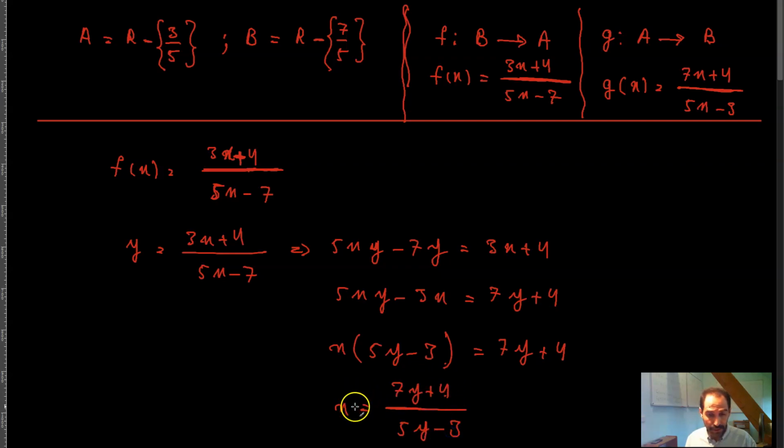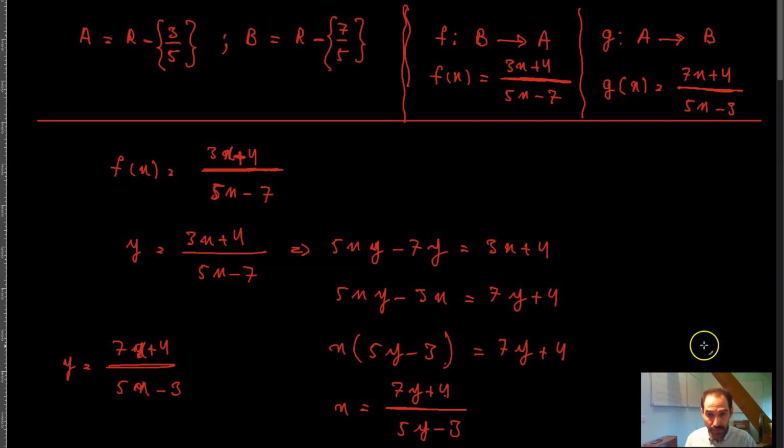Now this is x in terms of y, and I can change my variables as long as I know what I'm doing. So instead of x I write y, instead of y I write x, so y equals 7x plus 4 over 5x minus 3.